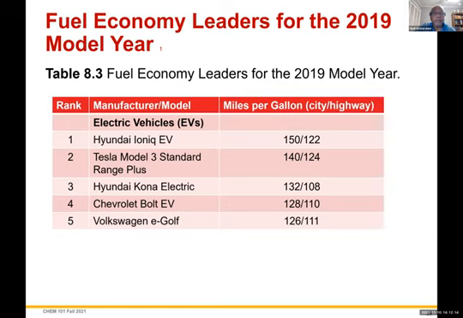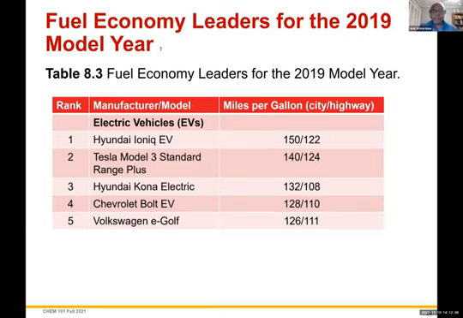Then Tesla produces 140 miles in city and 124 on highway. There are several other cars, Chevy Bolt, 128, 110, Volkswagen. These are totally electric cars, all right?